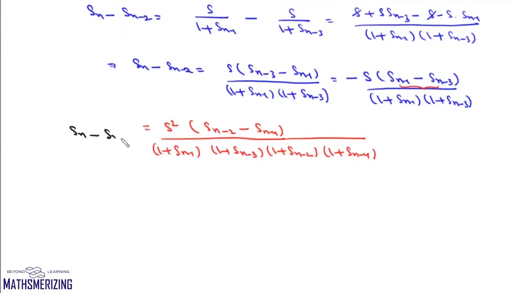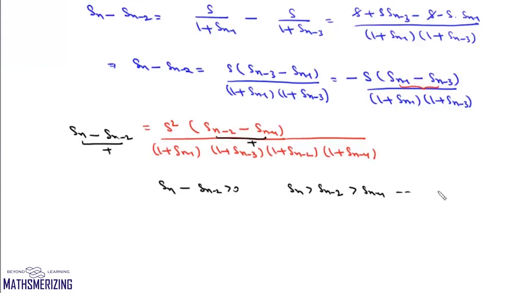Now if we look at this result, S_n minus S_{n-2}, if this is positive, it will also be positive. In the same way, S_{n-4} minus S_{n-6} will also be positive. Then in that case, S_n minus S_{n-2} will be greater than 0. That is, S_n will be greater than S_{n-2} will be greater than S_{n-4}.